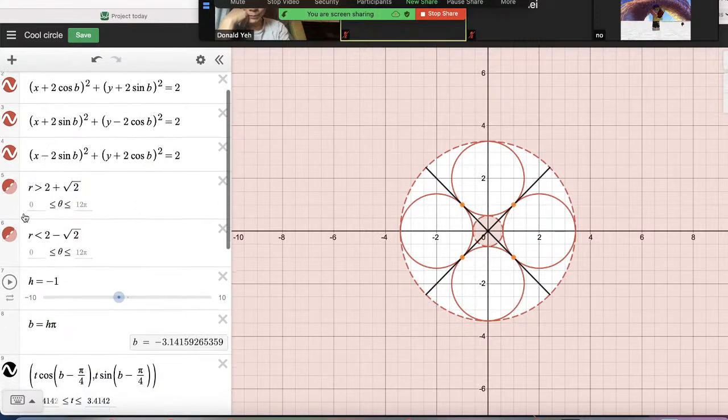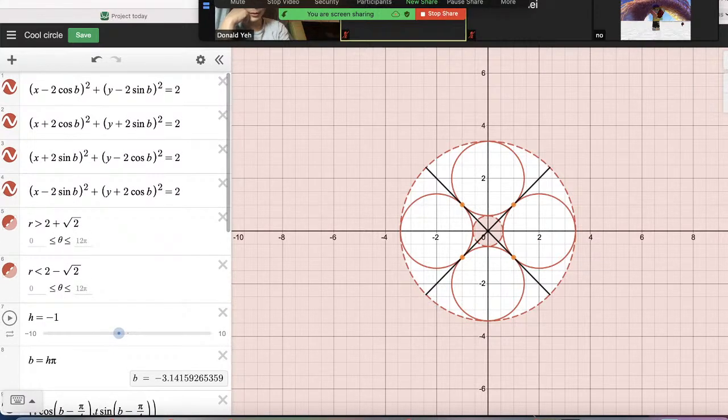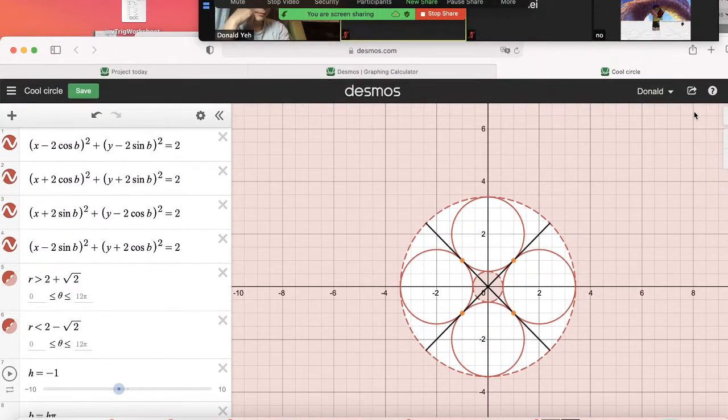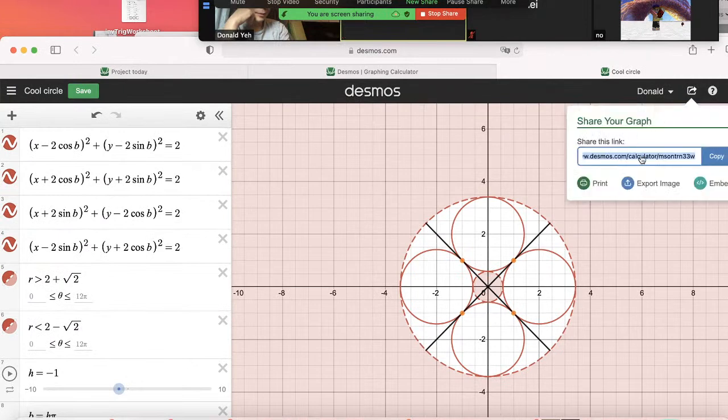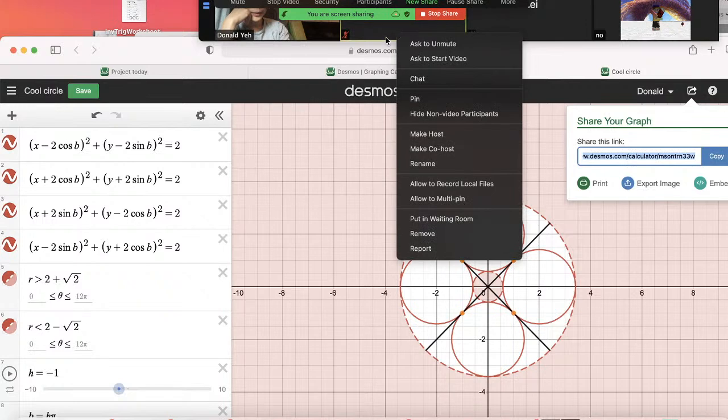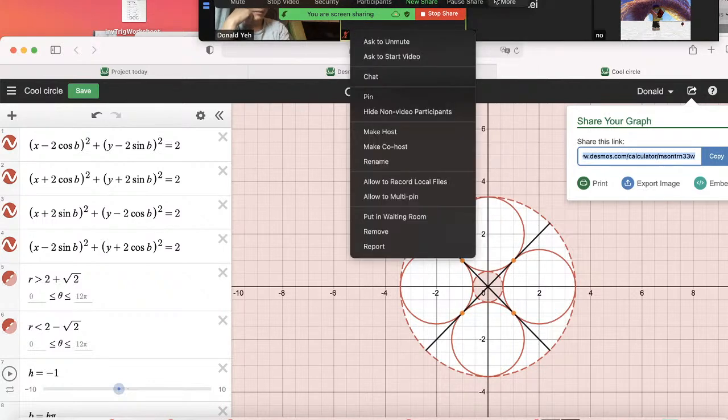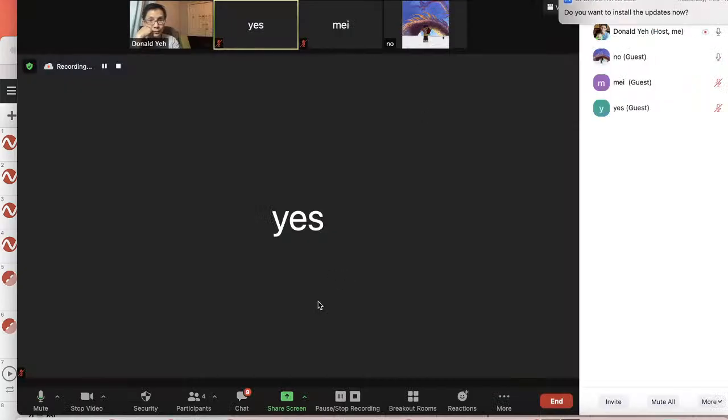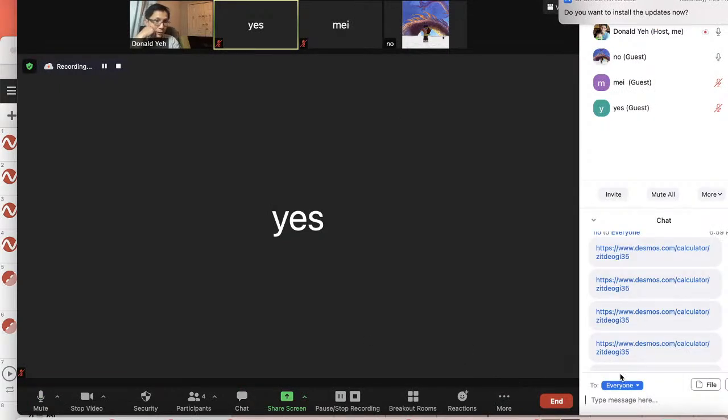Okay. Do you want me to share this graph with you? Oh, sure. Let me share, copy, and we're going to go with it. I share this one. It's a circle that can spin.